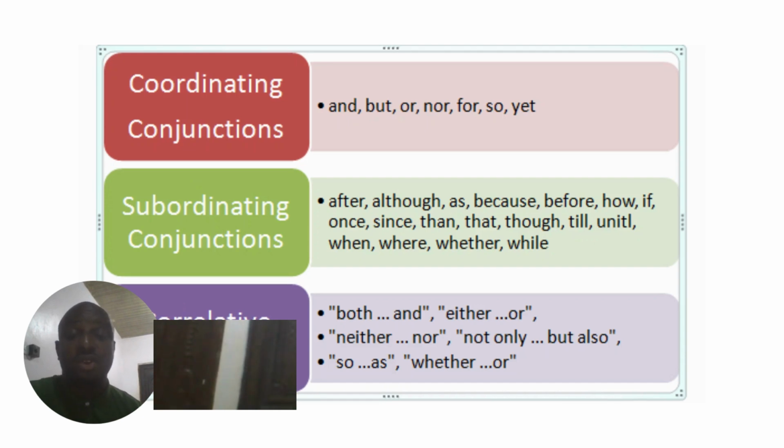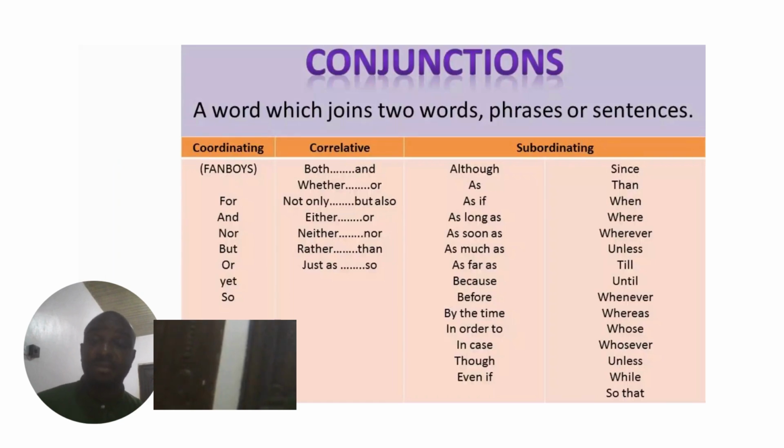Then we have the subordinate conjunction, which joins subordinate clauses or independent clauses together. And lastly is the correlative conjunction, which are used in pairs, and they join sentences, phrases together also.